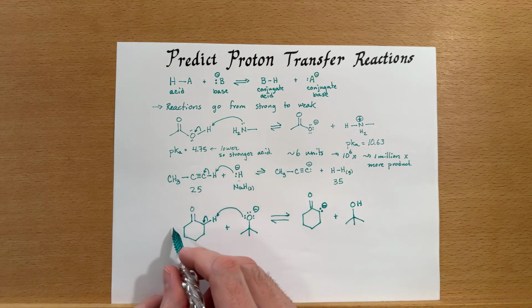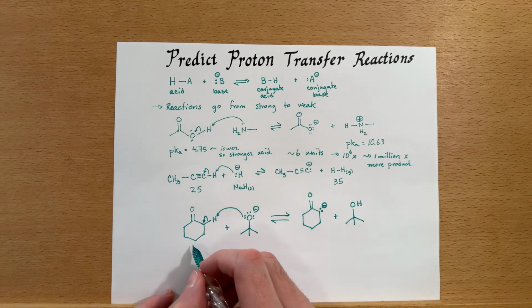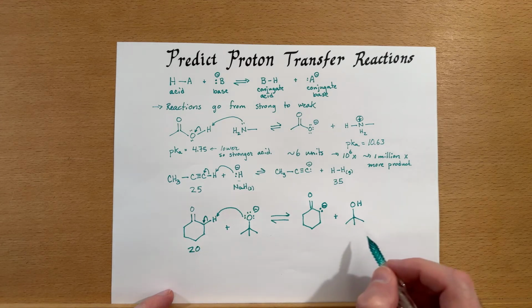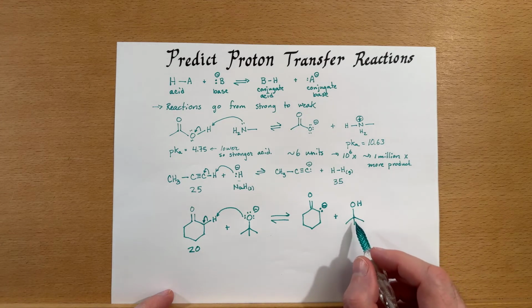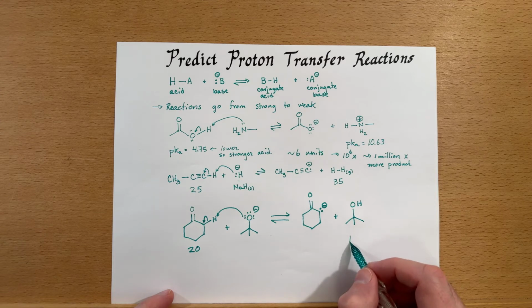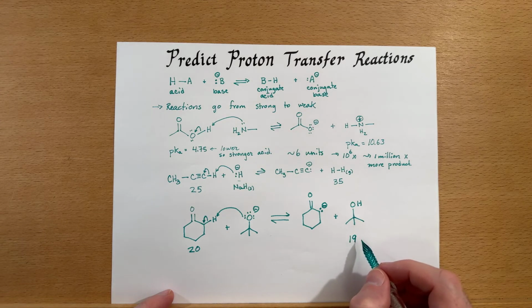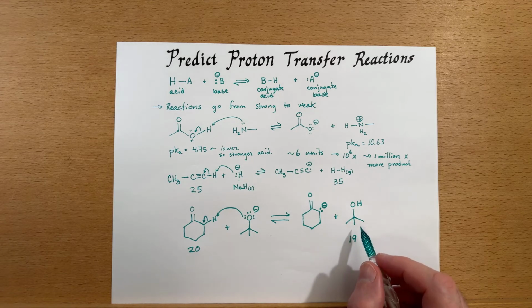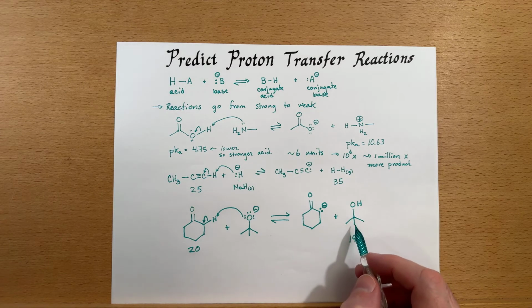Now the pKa for an alpha hydrogen on a simple ketone is around 20. And the pKa for this particular alcohol is 19. So this is actually the stronger acid. So this reaction is reactant favored.